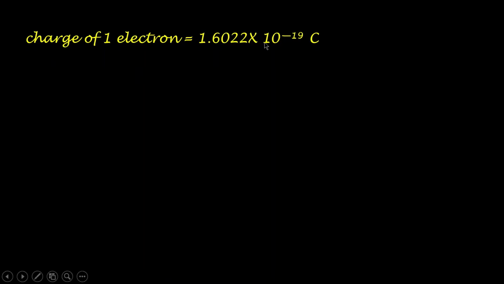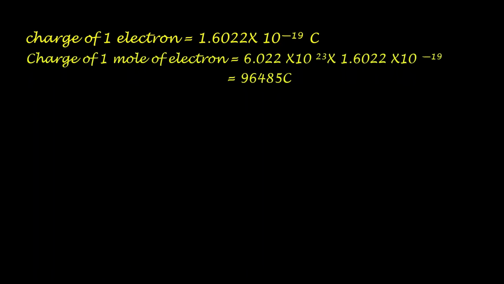And you know that 1 mole of any substance contains Avogadro number of particles. Now if you take 1 mole of electrons, it also contains Avogadro number of electrons. Avogadro number is 6.022 × 10^23.